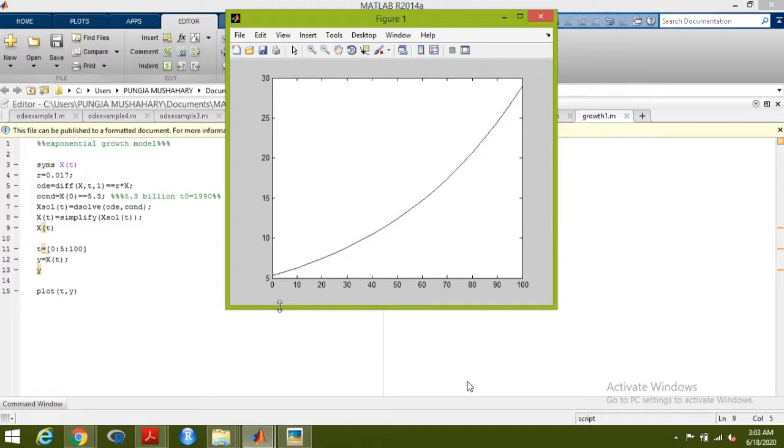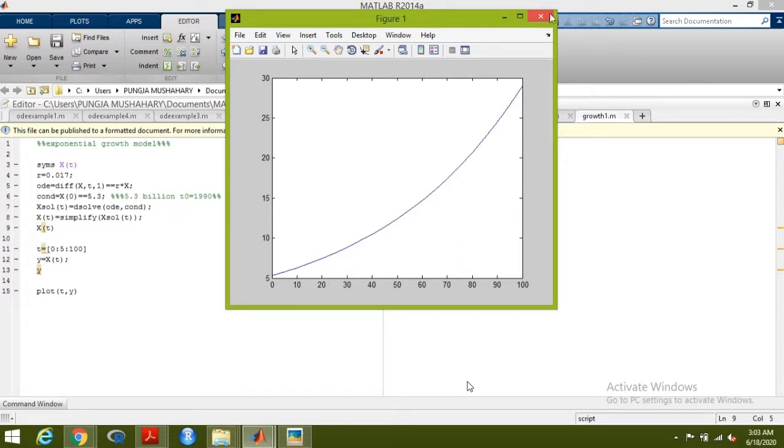If you know the growth rate and the initial population, say in the year 2000, whether it is 10 billion, 5 billion, 6 billion, whatever it may be, then you can predict the population. Like if you know the 2000 value, you can predict the population of 2020, 2030, 2050, whatever. So this is the whole story of this exponential growth model.